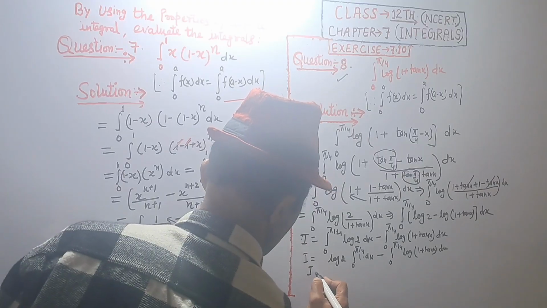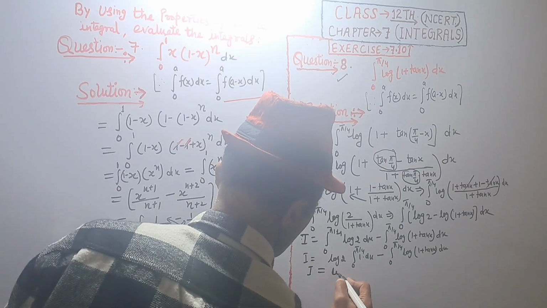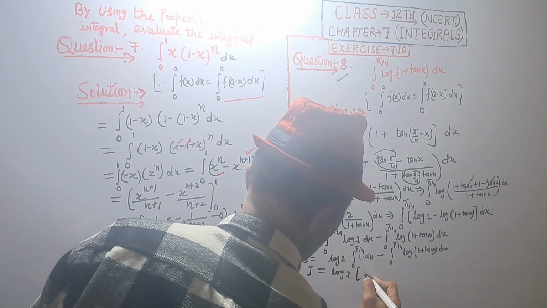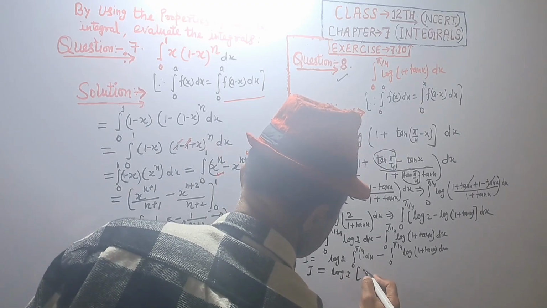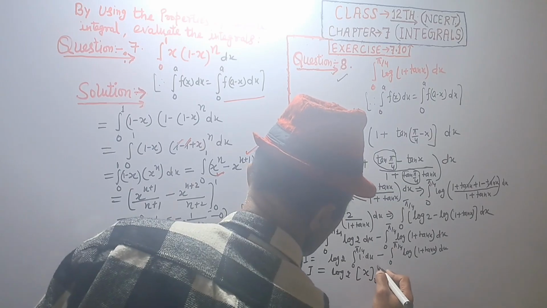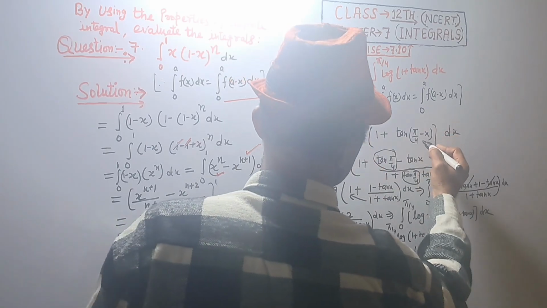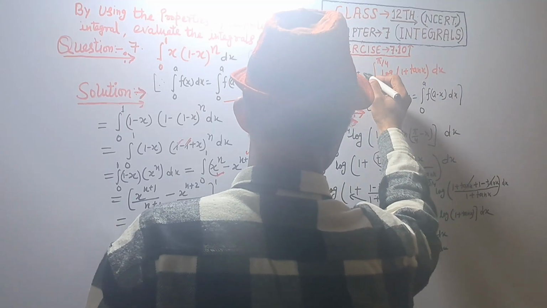I is equal to log of 2 into integration of 1 dx, which is x, limit lies 0 to pi upon 4, minus this is I.